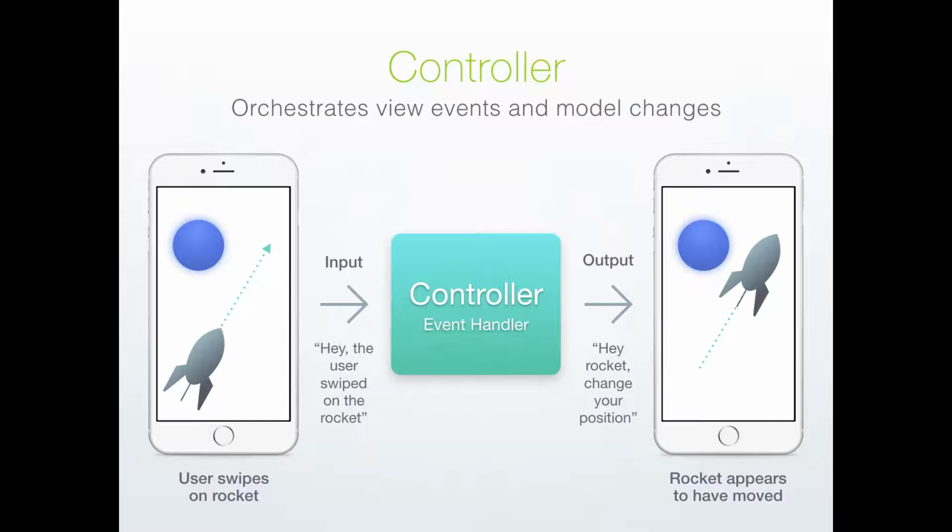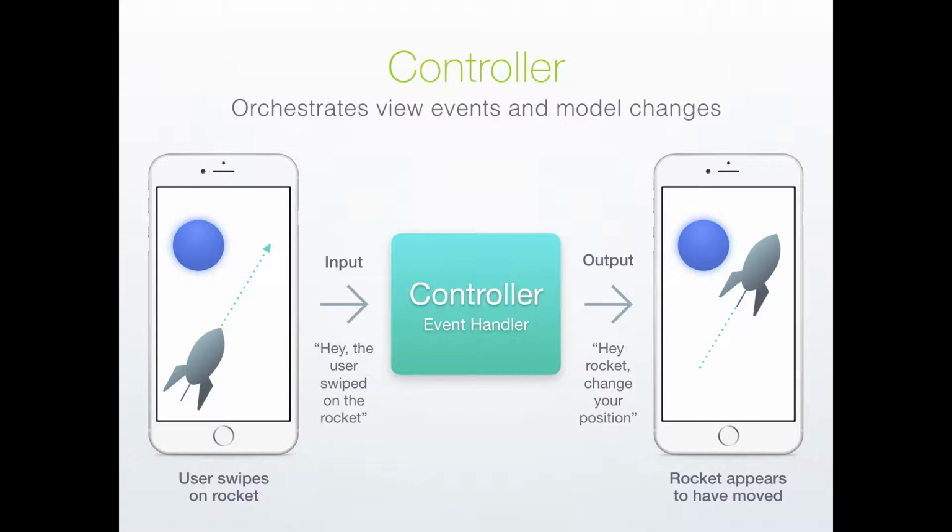There's the user swipes on the rocket in the view. Input of that goes to the controller, basically like hey, the user swiped the rocket. Then the controller handles that event and outputs it to the model, which, it's not shown here, but it would basically calculate it, store the data, something like that.